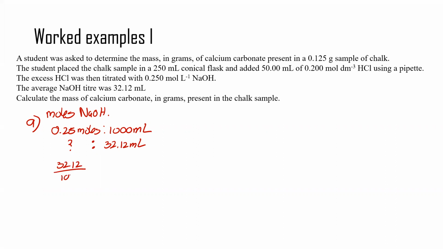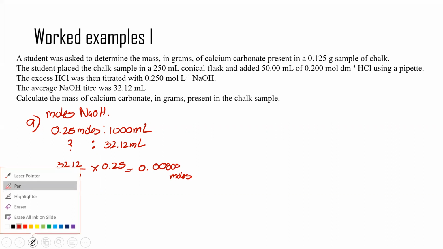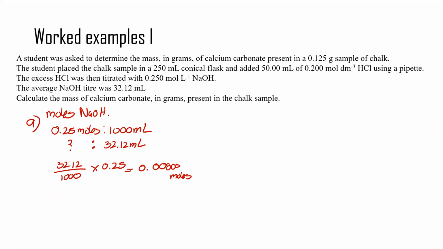And it will be equal to 0.00803 moles. From here on, we can find the ratio for B, where we have HCl to NaOH, and the ratio is 1:1, therefore, this will be the same number, and it will be 0.00803 moles of HCl.